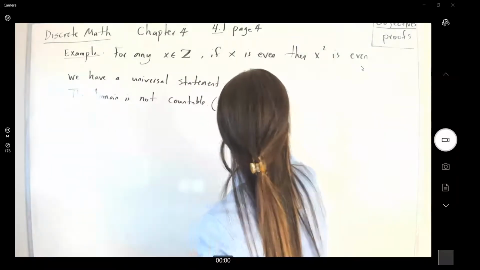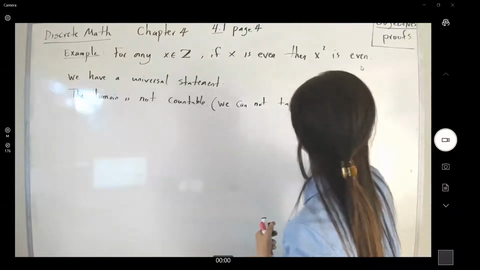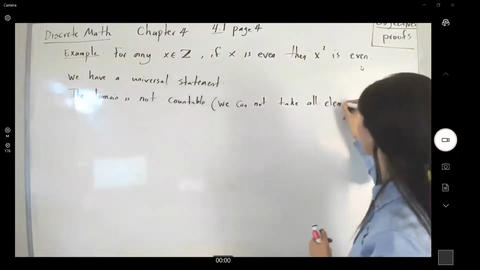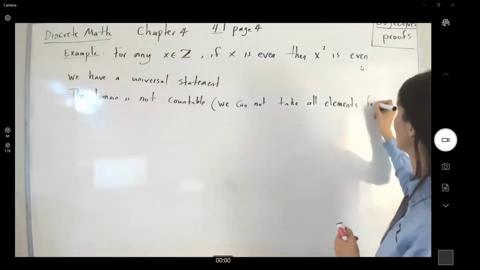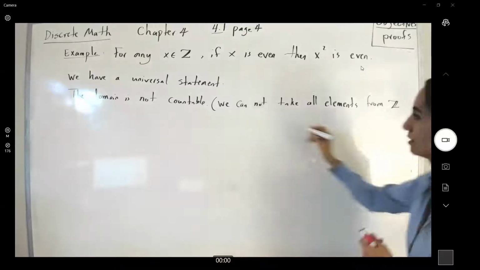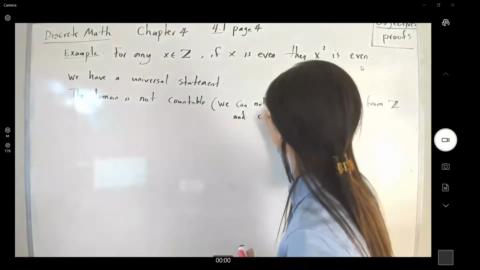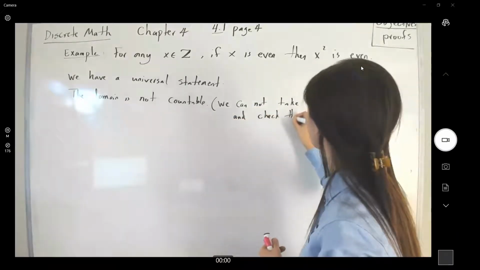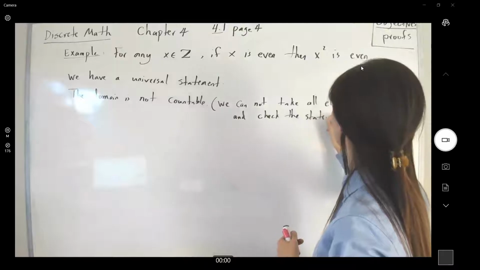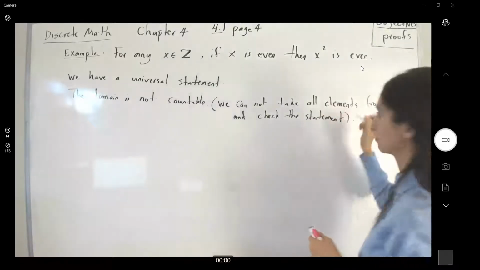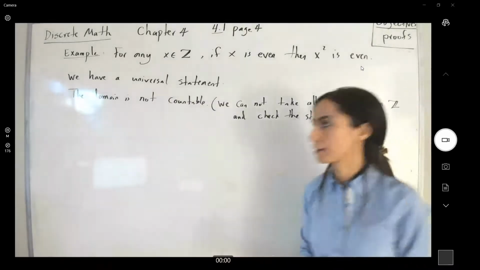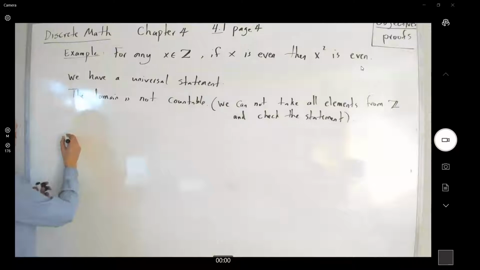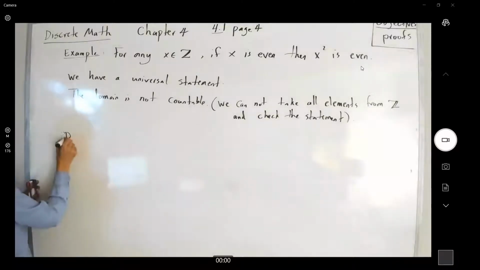We cannot take all elements from Z and check the statement. So which method do you prefer? Do you prefer to use direct proof?